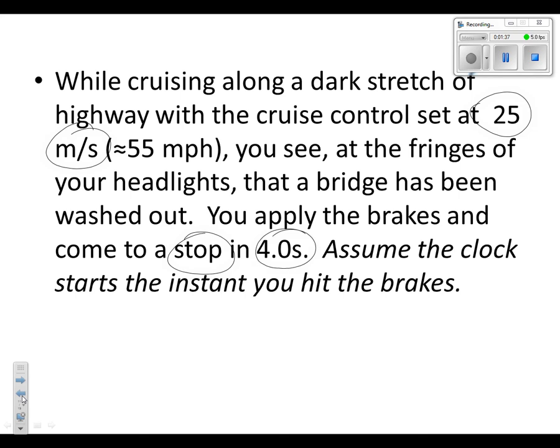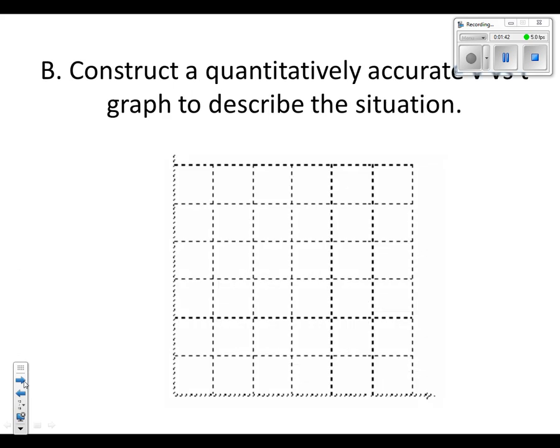So it's 25 to a stop, which is 0, in 4 seconds. Let's look at V versus t: 5, 10, 15, 20, 25, and 1, 2, 3, 4 seconds.